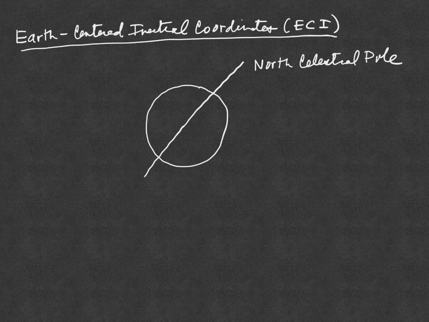And then the other side is the south celestial pole. And then we have the equator of the Earth. So the equator of the Earth looks as follows. So this is the Earth's equator.